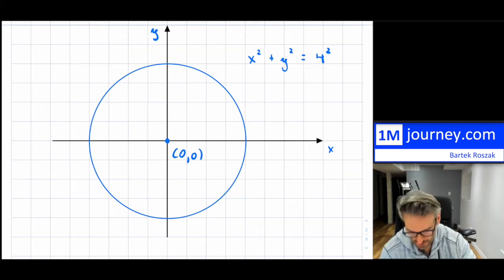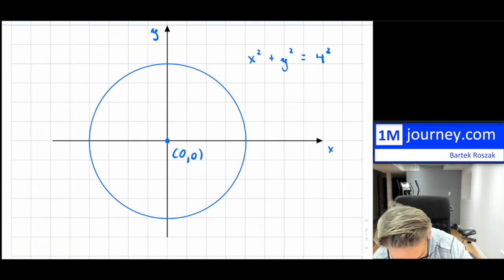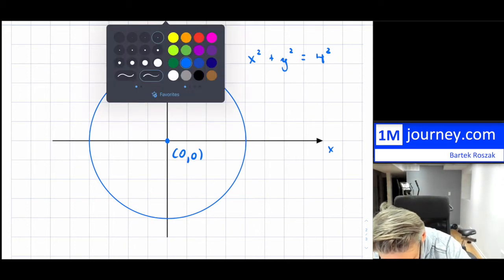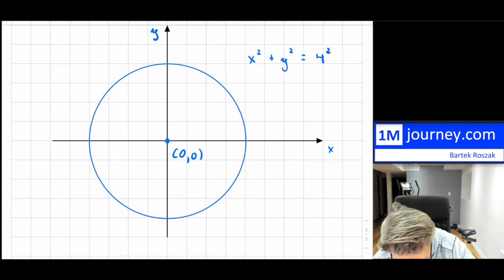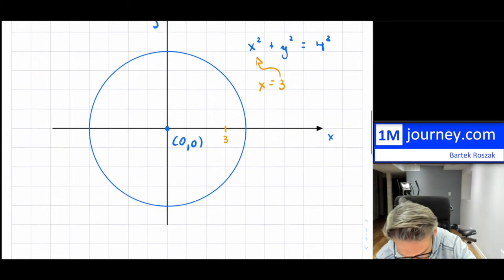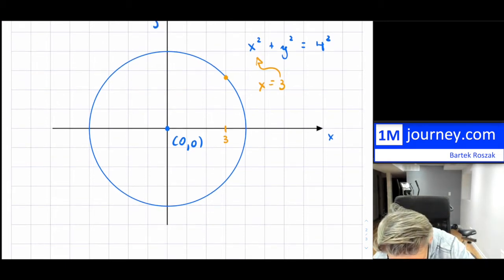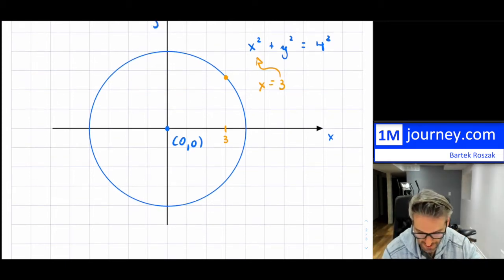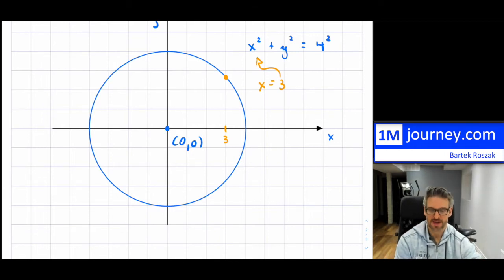So for one of the points, let x be equal to 3. So x is equal to 3. I'm going to substitute x equals 3 in here and then solve for my y, which is going to be somewhere right there. But I want to know that value exactly.